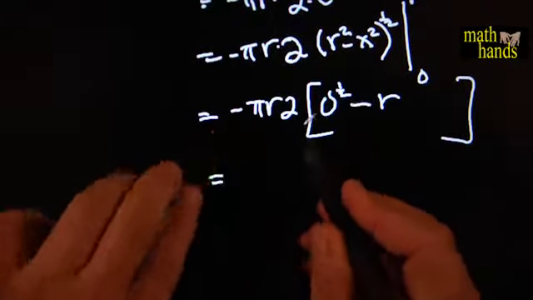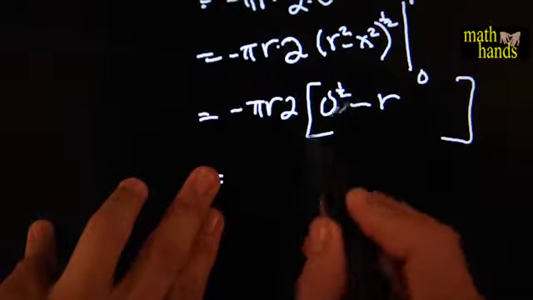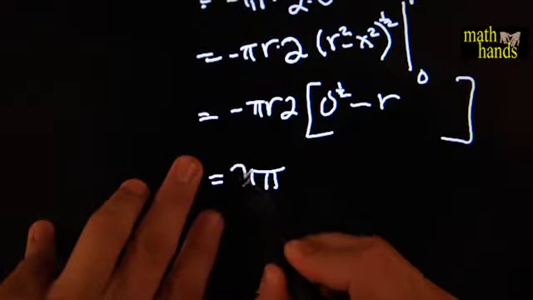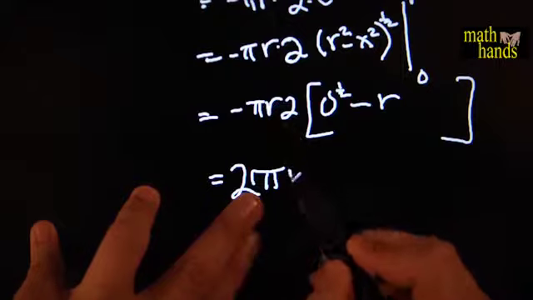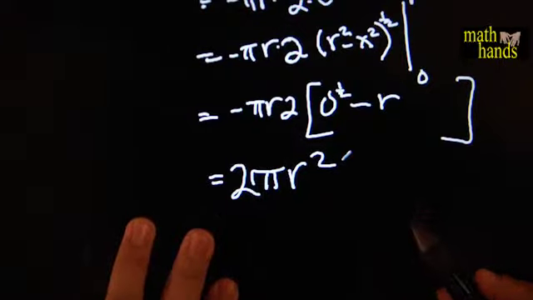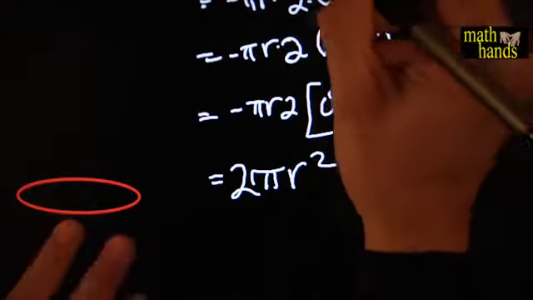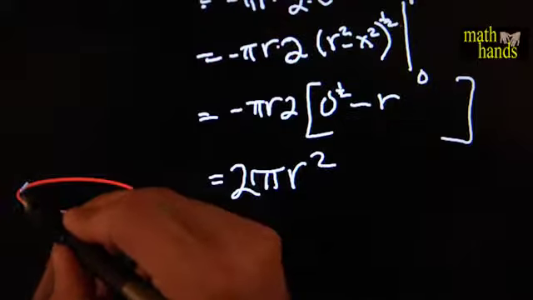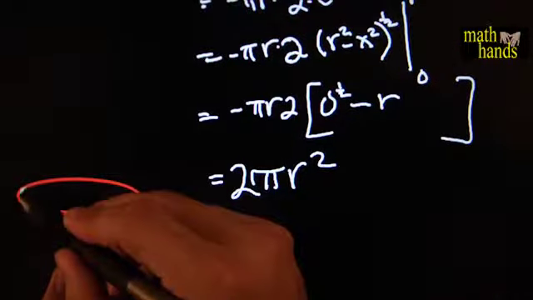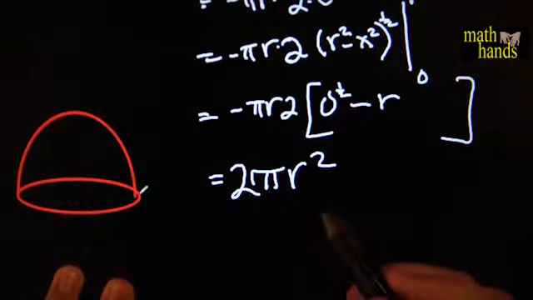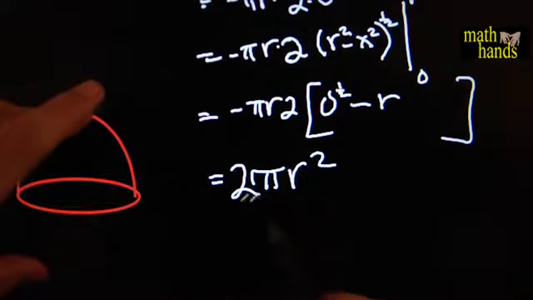I see a negative, negative, that gives me positive, so it would be 2 pi r squared. What we just calculated was the surface area for the top part of the sphere.